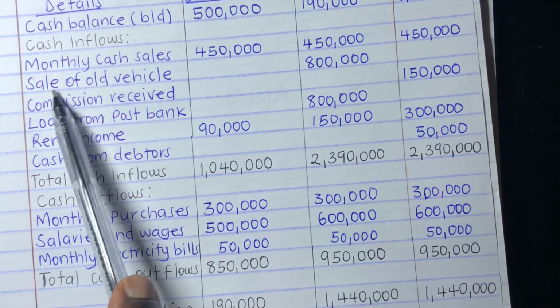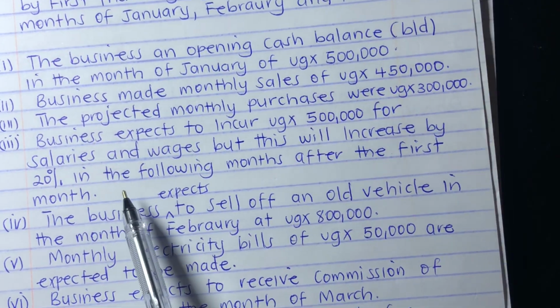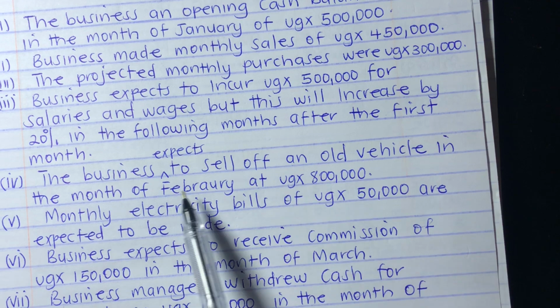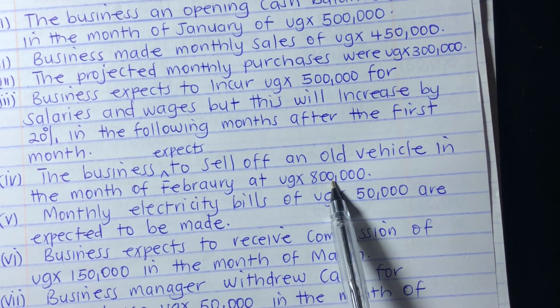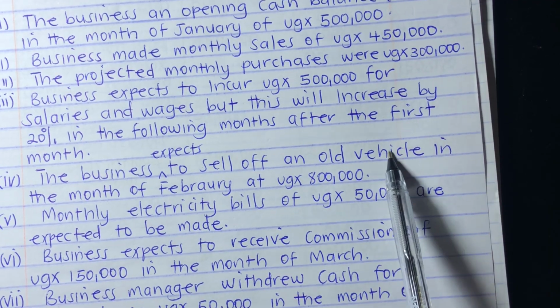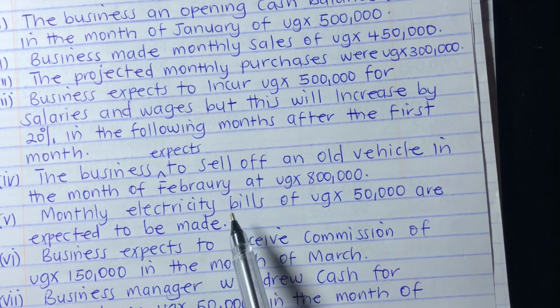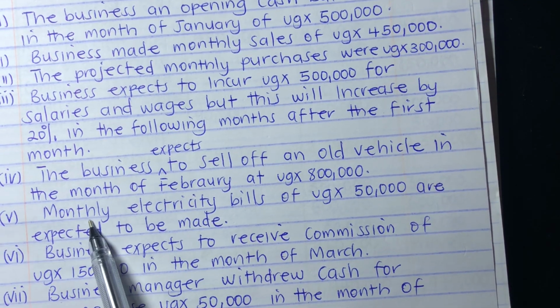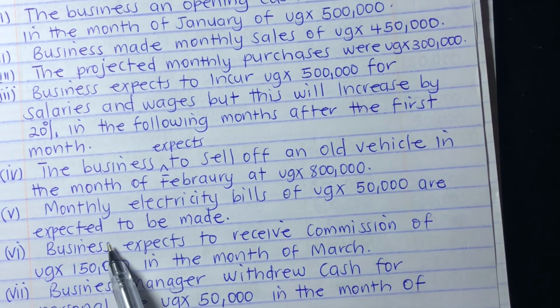So we record sale of an old vehicle. It was meant to be sold in the month of February, meaning we're going to record this 800,000 in the month of February. It is when the old vehicle was sold and money was earned.